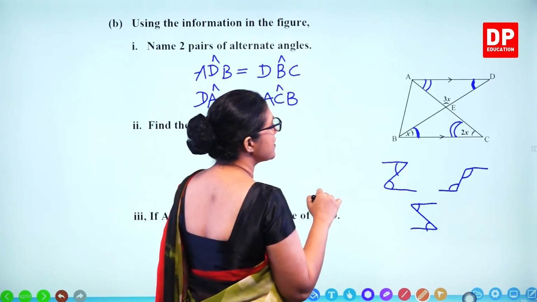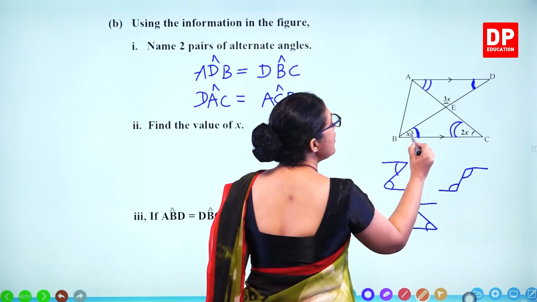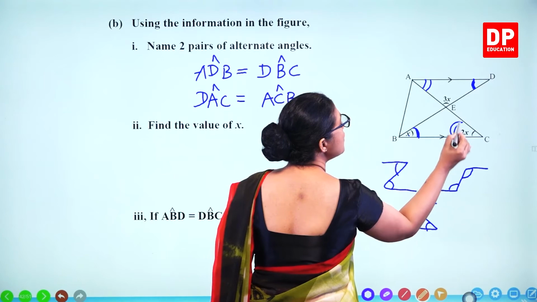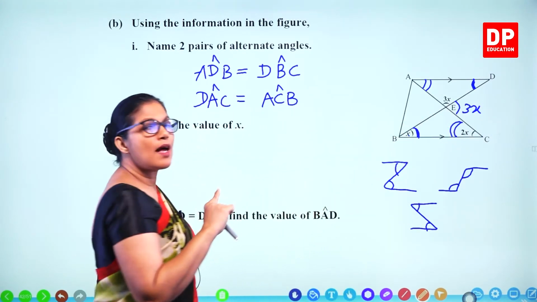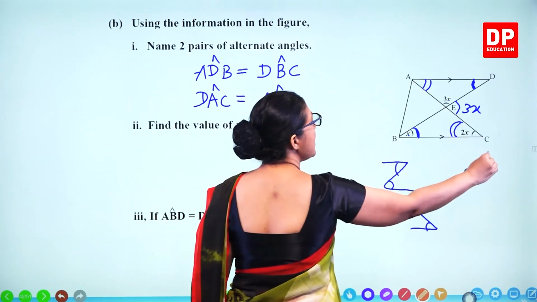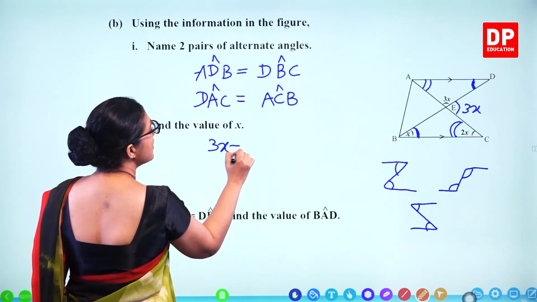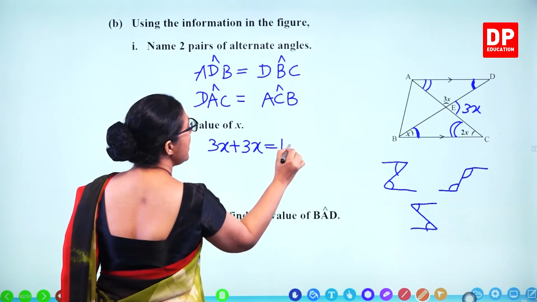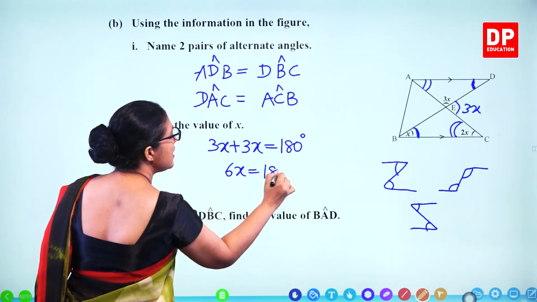Find the value of x. How do you find out x? This is 3x. So now when you consider this one, x and 2x, this is also 3x. Exterior angle is sum of opposite interior angles. Now we can see AC is a straight angle. 3x and 3x becomes 180. 6x is 180.